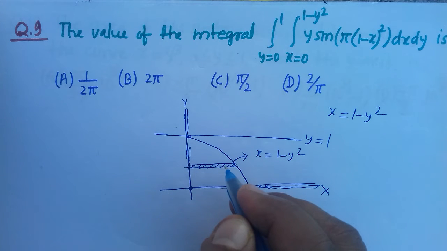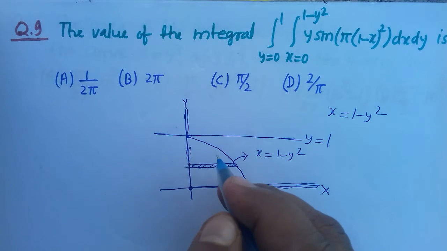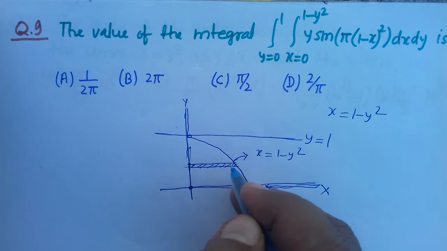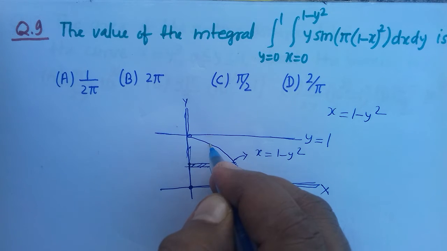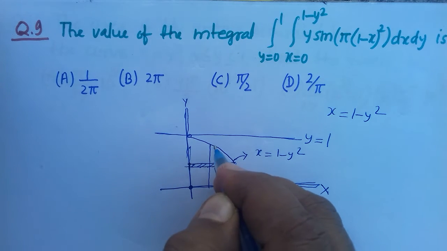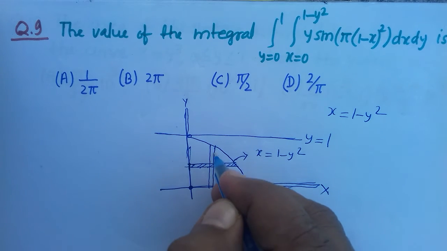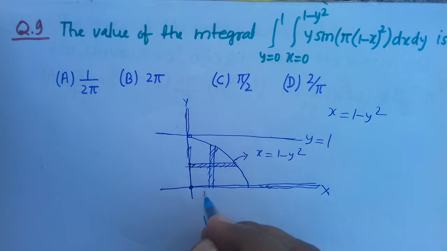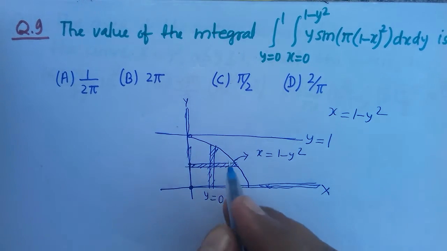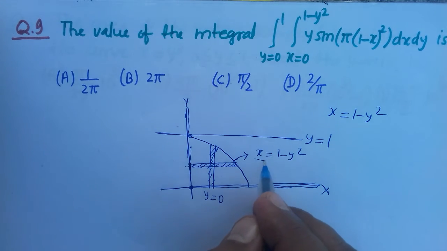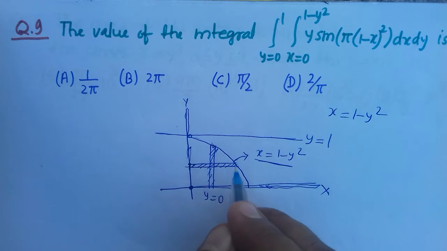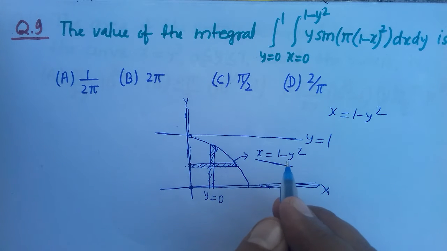Here the limits of the first integration are a horizontal line. Now we do the opposite, a vertical line. You see the vertical line goes from y equals 0 to here. Because this point also lies on this curve, we can find y from here.